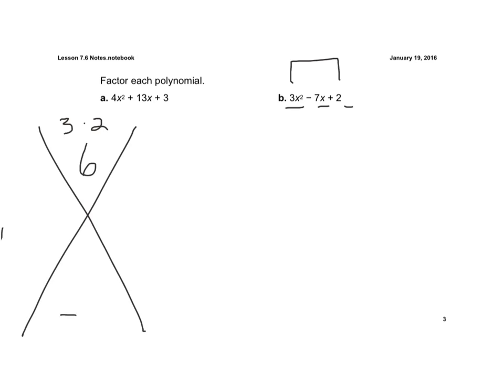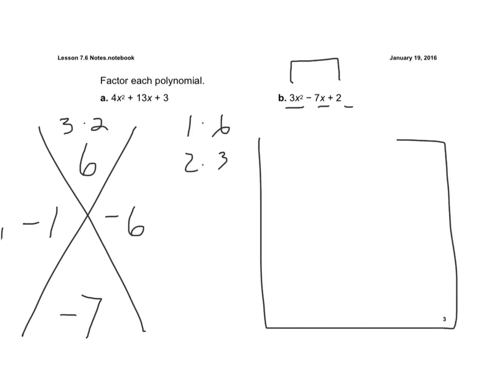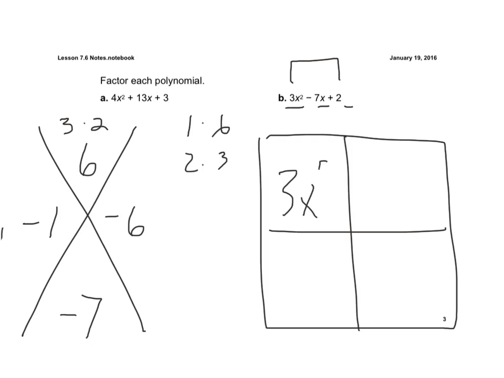And now the negative 7 goes down here, and now what factors of a positive 6 add up to a negative 7? Well, the factors of 6 are 1 and 6, and 2 and 3, and the only ones that work would be negative 1 and negative 6. So now I use my x box method. Again, the 3x squared goes in that box, positive 2 goes here, and then negative 1x and negative 6x.